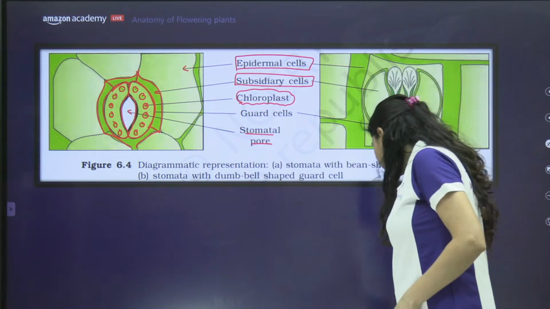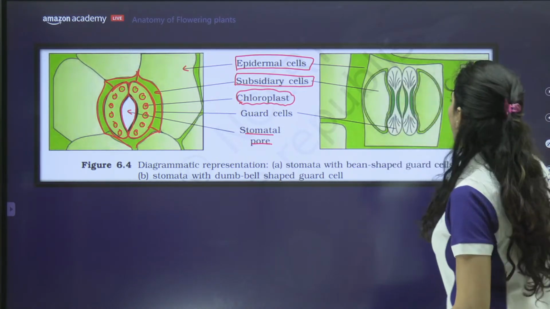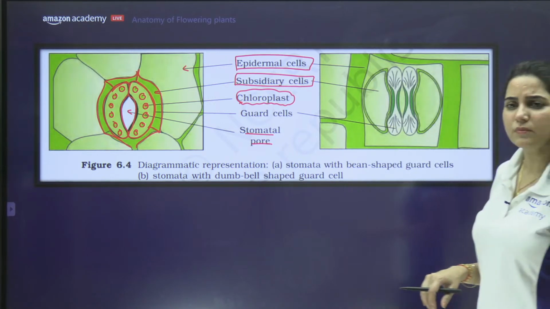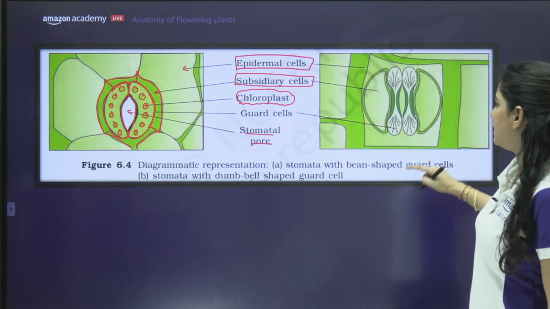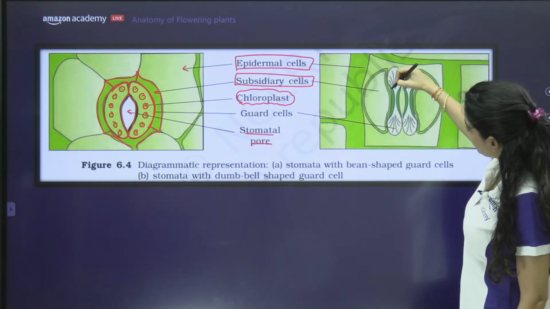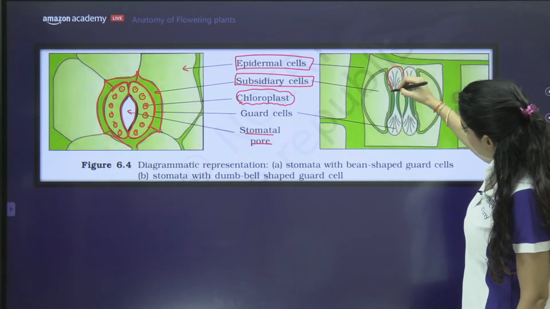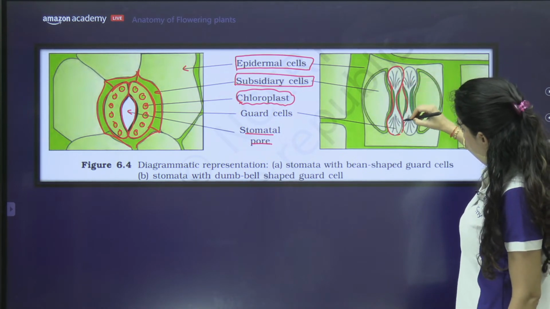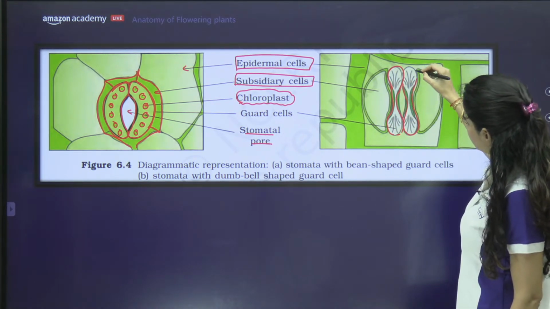Now you can compare the same scenario in case of your monocot cell also. In monocots, what do you see, beta? You can see this is the guard cell. अभी बताया मैंने, डम्बल शेप होगी, तो ये आप देख सकते हो, डम्बल शेप है.